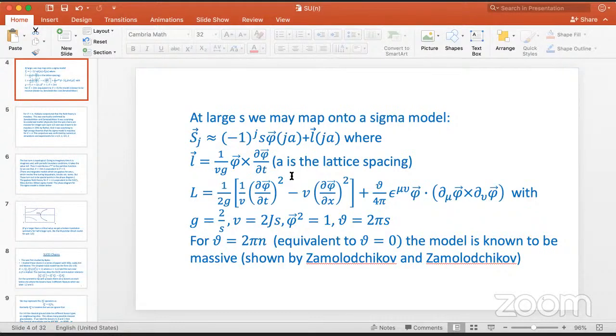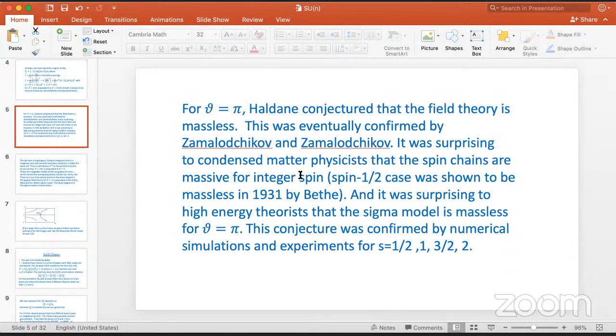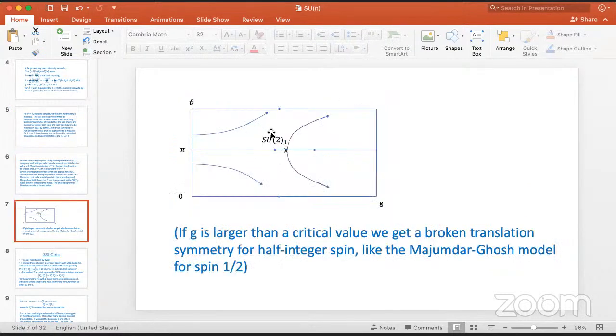There's not an obvious connection of these two models. I think it's a very non-trivial mapping. It basically takes us from the O(3) model to the SU(2) level 1 model. So I think there's not an obvious mapping.